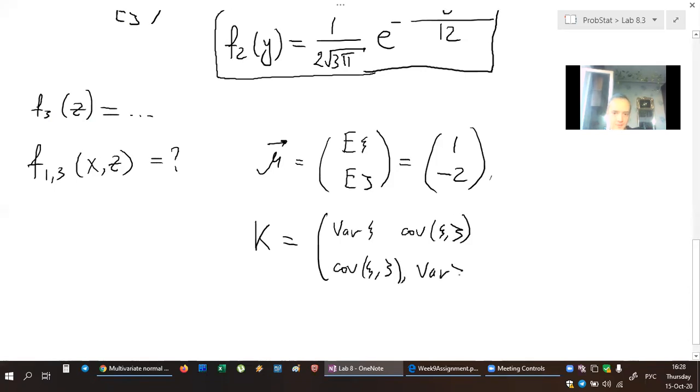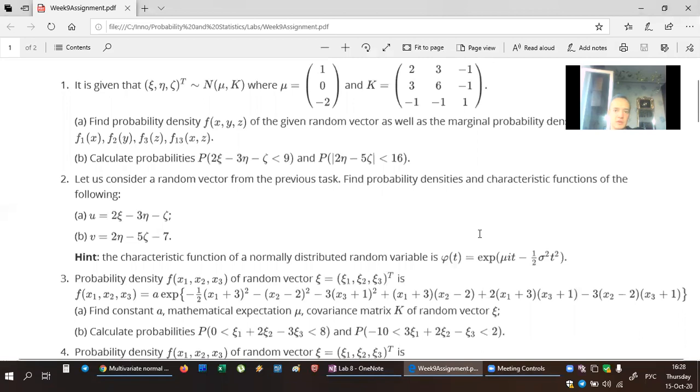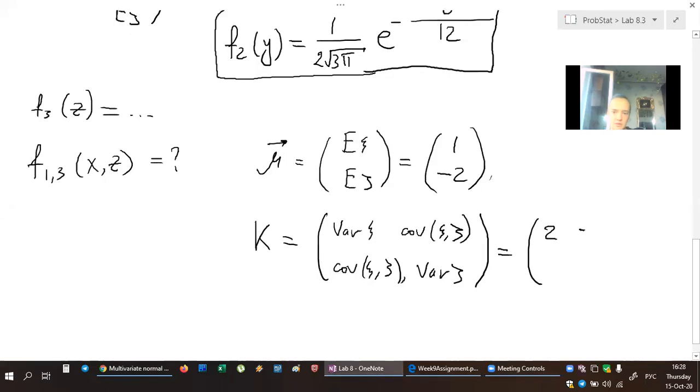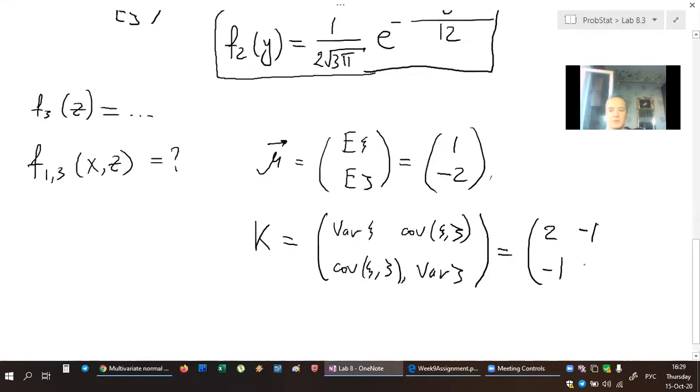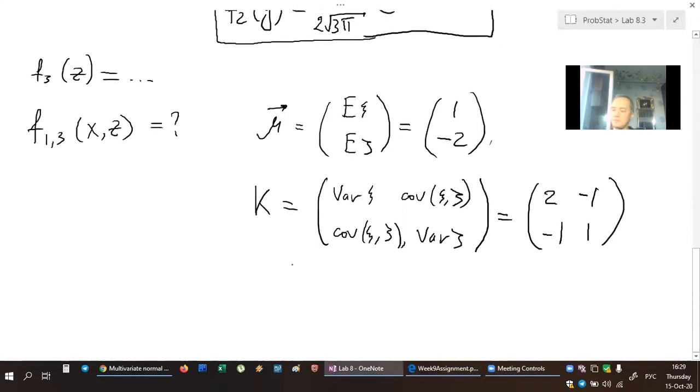And variance zeta. Okay, but we already know these values actually. So here we have 2, the variance of xi. -1 will be the covariance of xi and zeta, and -1 again. And the variance of zeta is 1. It's written here in position 3, 3 for the third component. Okay, this is the matrix K. What is the PDF in our case?